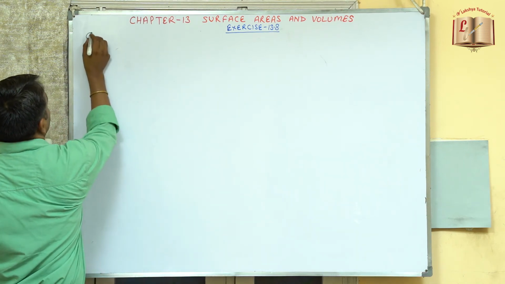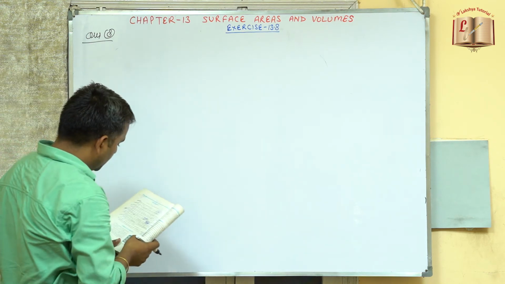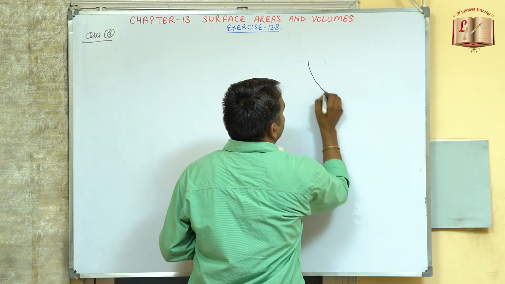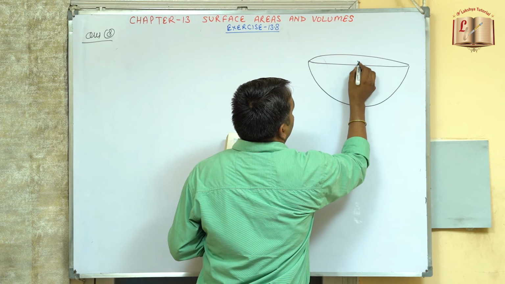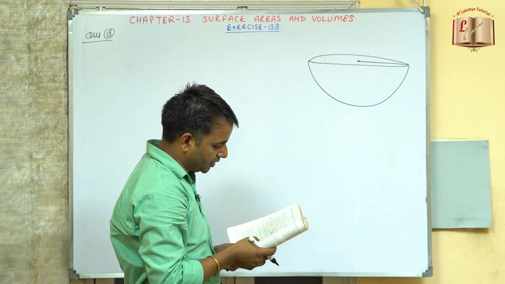Now coming to question number 8. A dome of a building is in the form of a hemisphere.